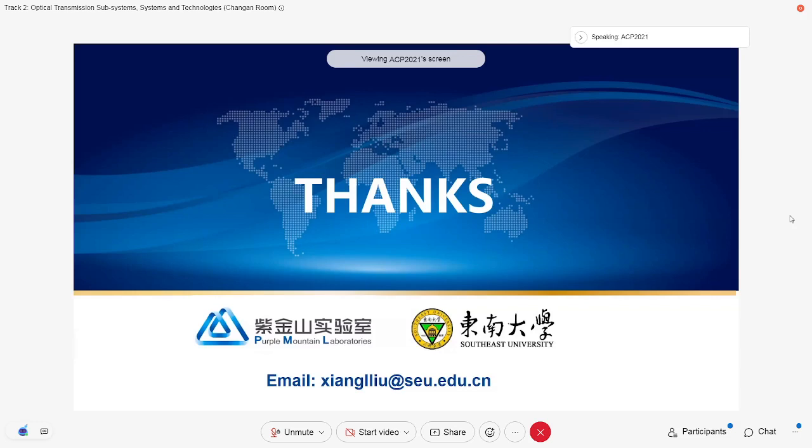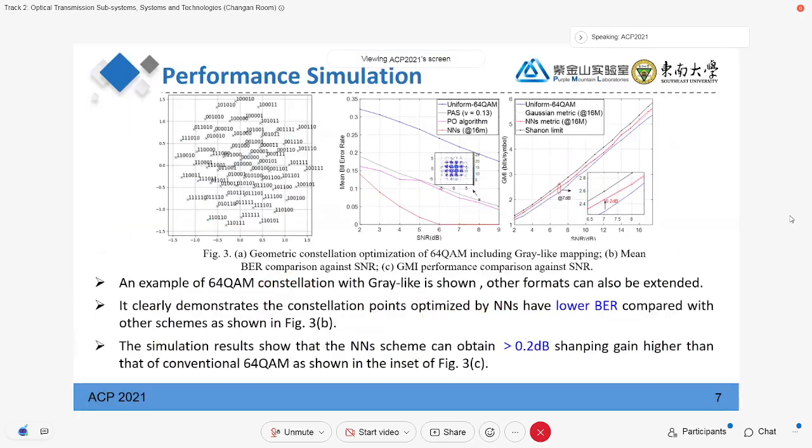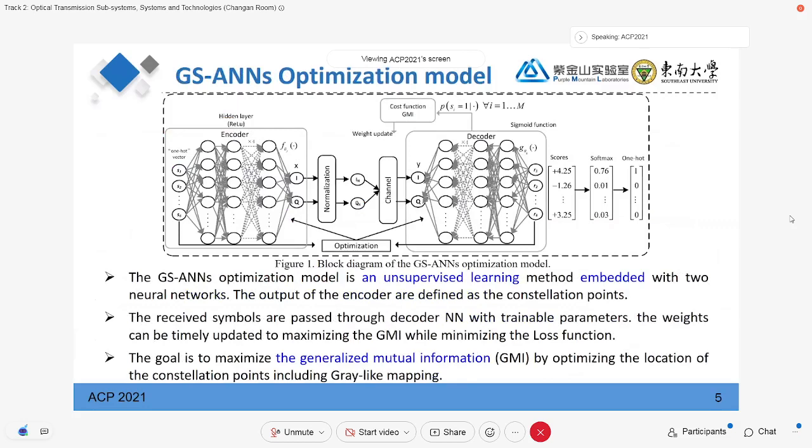Thanks for your talk. I have a question for your methods. In your presentation, you mentioned you don't need a model for training, or do you still need a model for training this constellation shaping? Do you need the channel model? We use the AWGN channel.